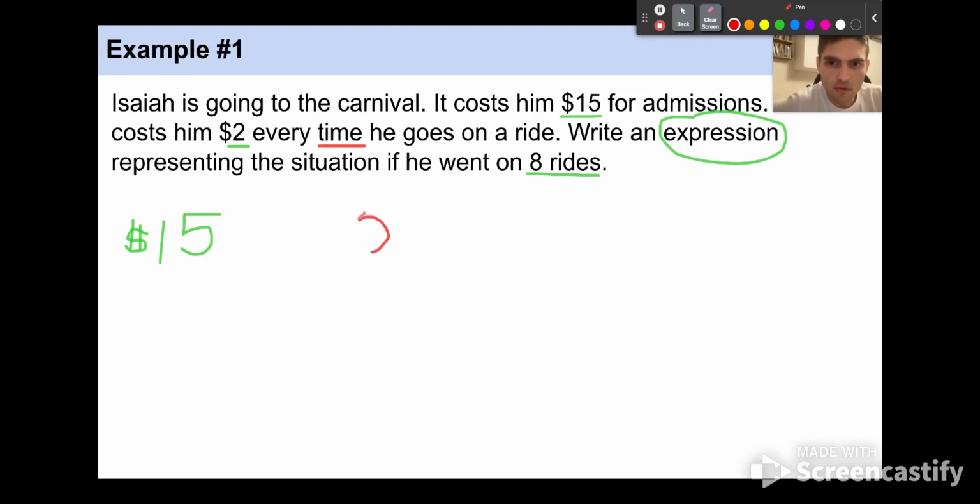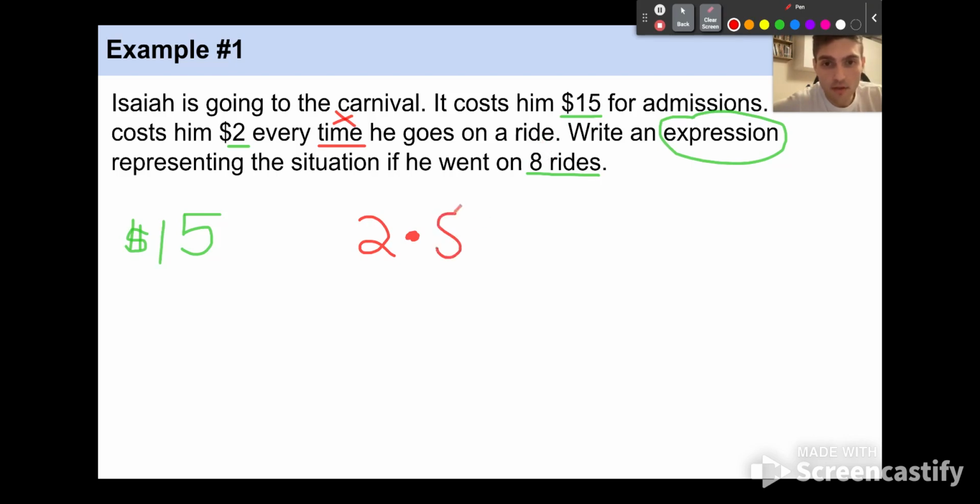So it's $2 every time. What operation do you think that is? If it's times, it's multiplication. So we can represent multiplication with a dot like this. Every time it's $2, and he went 8 times.